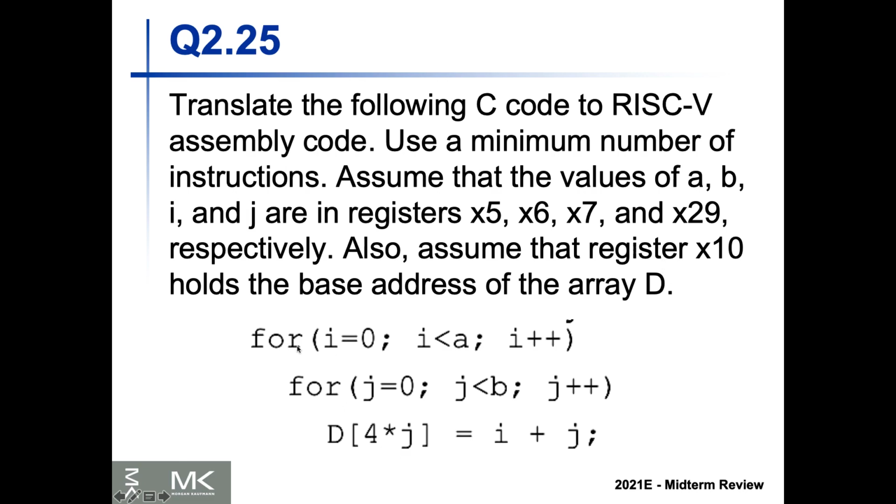So we have 2 nested loops, the I loop and the J loop, and we're going to have some arithmetic and some updates with the array D. So the address of 4 multiplied by J of D would be updated by I plus J. Okay?